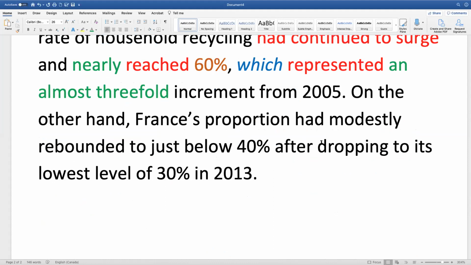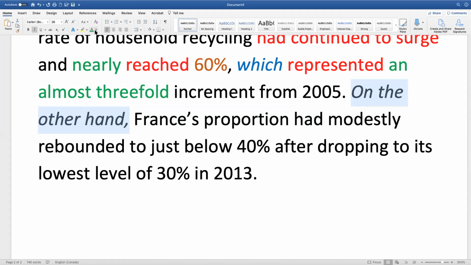Okay, so we're saying here, on the other hand, the connector, France's proportion had modestly rebounded. Rebounded, who wants to explain what rebounded means here? Big change. Big change, more specifically?